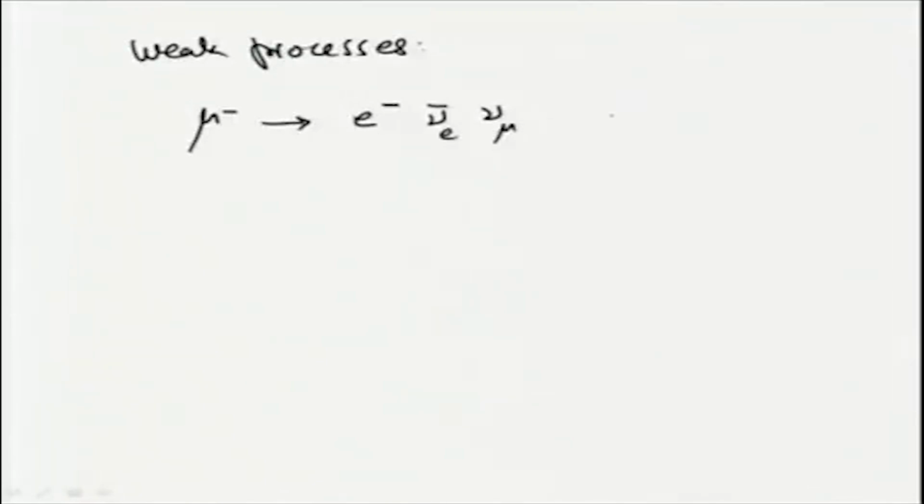When we say lepton number, muon type particles will have a lepton number called muon lepton number, which is different from electron type lepton number. Individually, they are conserved. So, let us see, lepton number electron type is equal to 0 here, 1 here, minus 1 here, 0 here. So, total in the initial and final it is 0. L mu similarly is 1 here, 0 here, 0 here, 1 here.